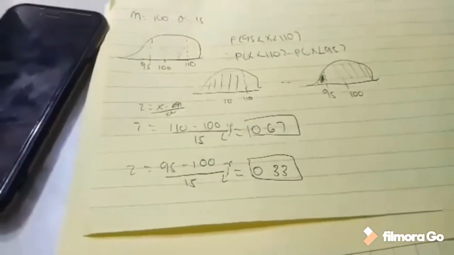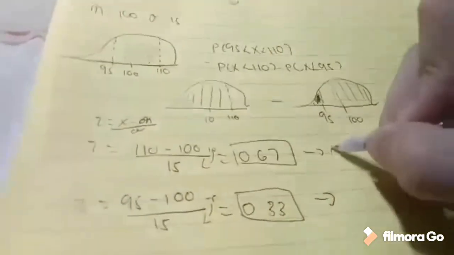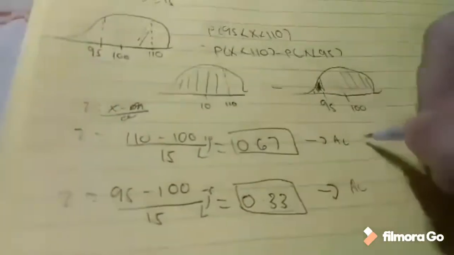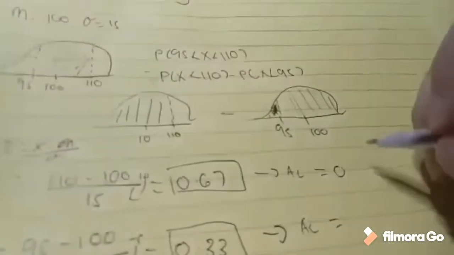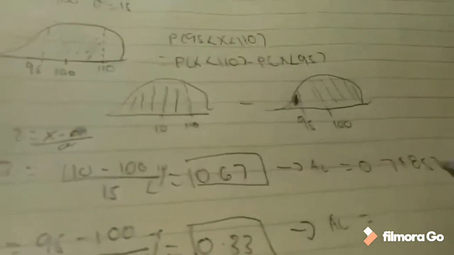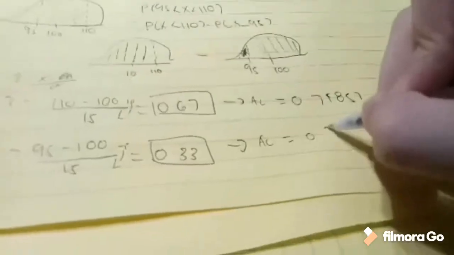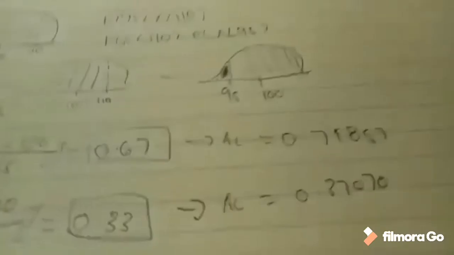Okay. So guys, if we find these two on the z table, the areas available are 0.74857 and 0.37070.